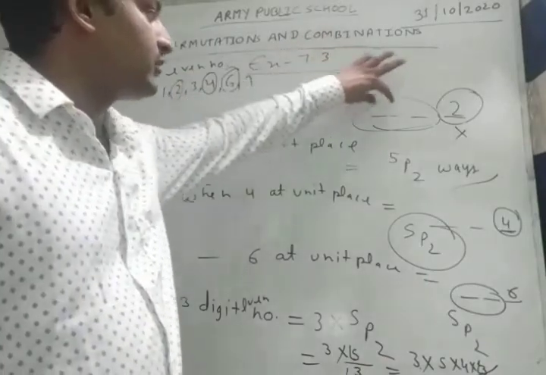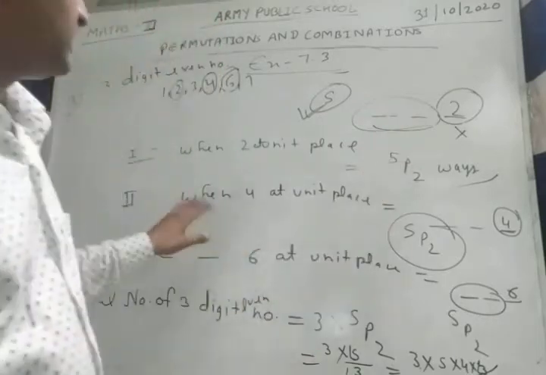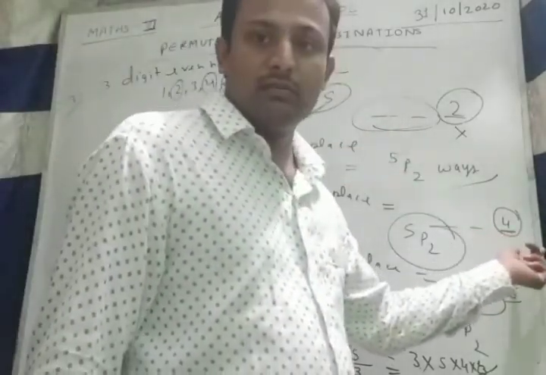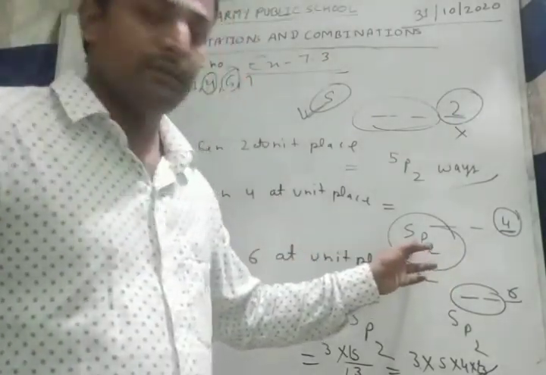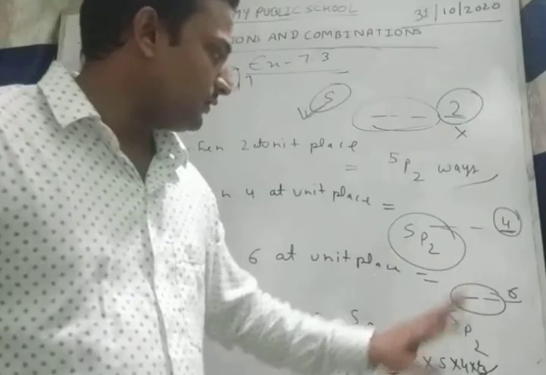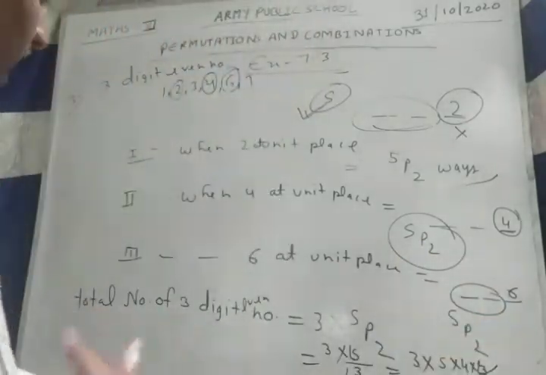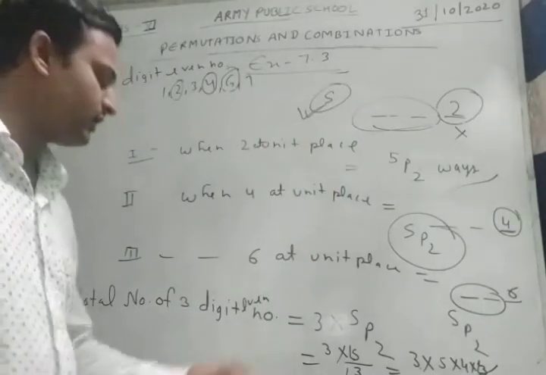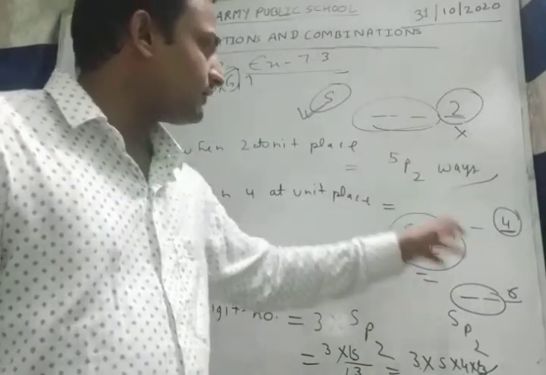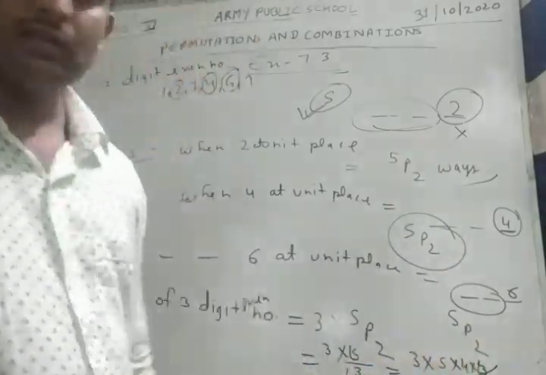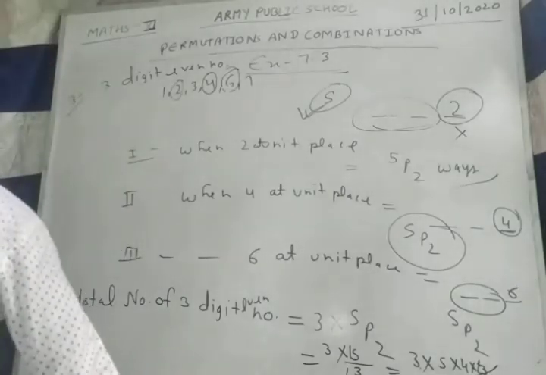And if we take 4 at the unit place, it will again be filled by 5P2 ways. Similarly 6, 5P2 ways. So the total number of 3-digit even numbers will be equal to 3 into 5P2. Adding these, we get our result. Okay.